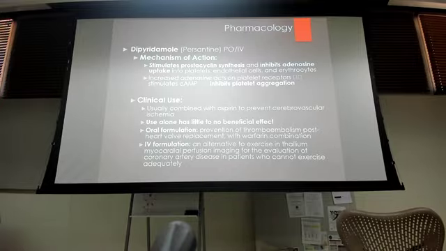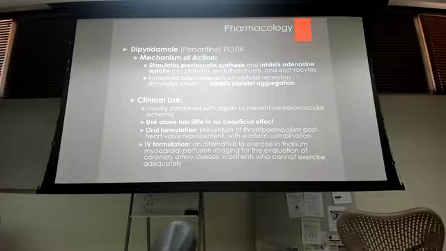Okay, so we're moving on to dipyridamole. It's either given PO or IV, and it stimulates prostacyclin synthesis and blocks cellular adenosine uptake. So what does that do? It increases your cAMP in platelets and decreases platelet aggregation.